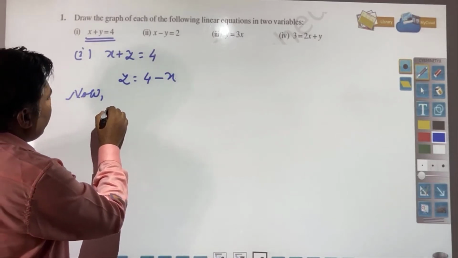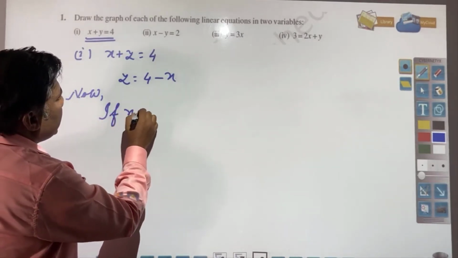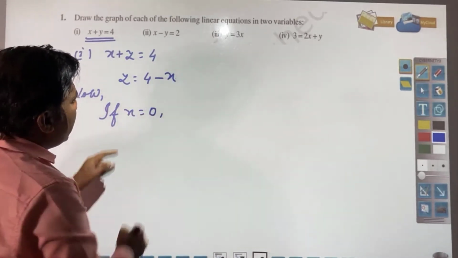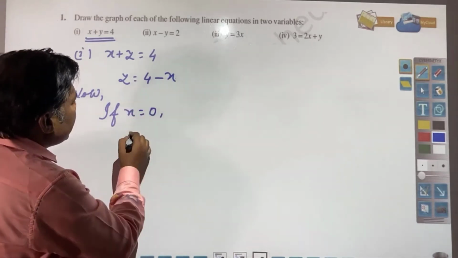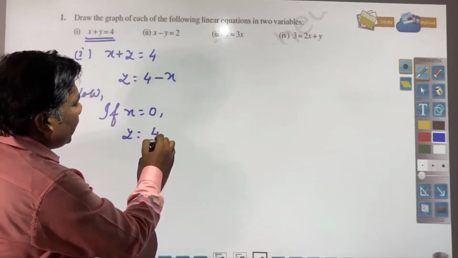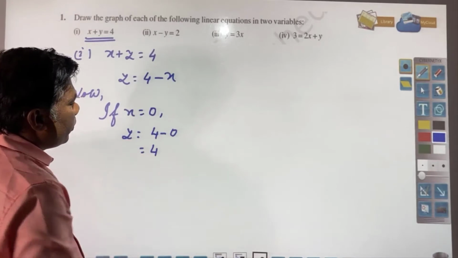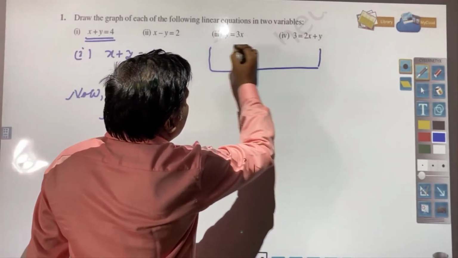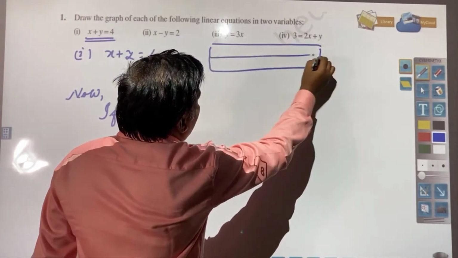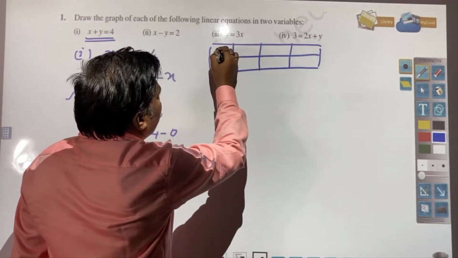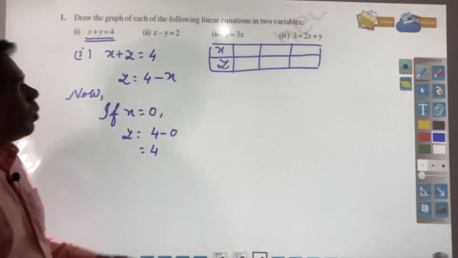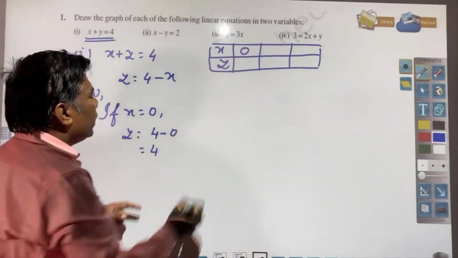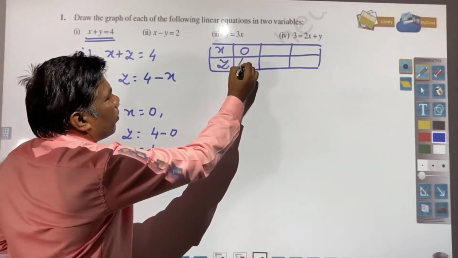Suppose if x is equal to 0, in this case y will be 4 minus 0, it means 4. So what you have got? One table is required to be formed, and at least 3 coordinates you need to find out by yourself. Here you write x and here you write y. So you have assumed x is equal to 0 and then you have got y is equal to 4.